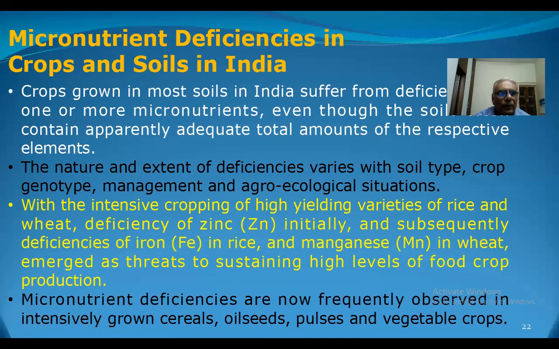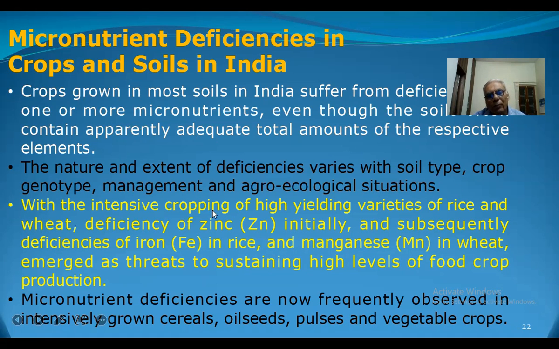Micronutrient deficiency in crops and soils in India. Crops grown in most soils in India suffer from deficiency of one or more micronutrients, even though the soil contains an apparently adequate total amount of the respective element. The nature and extent of deficiency vary with soil type, crop genotype, management, and agroecological situation.